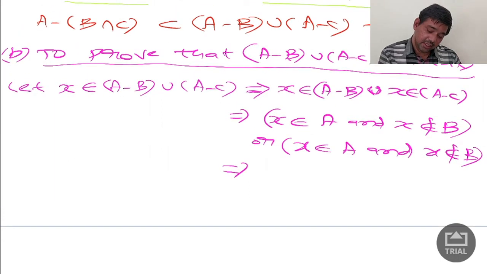Now in this what I am doing now, okay, please observe x belongs to a and here also is there, no? That one I am taking common.